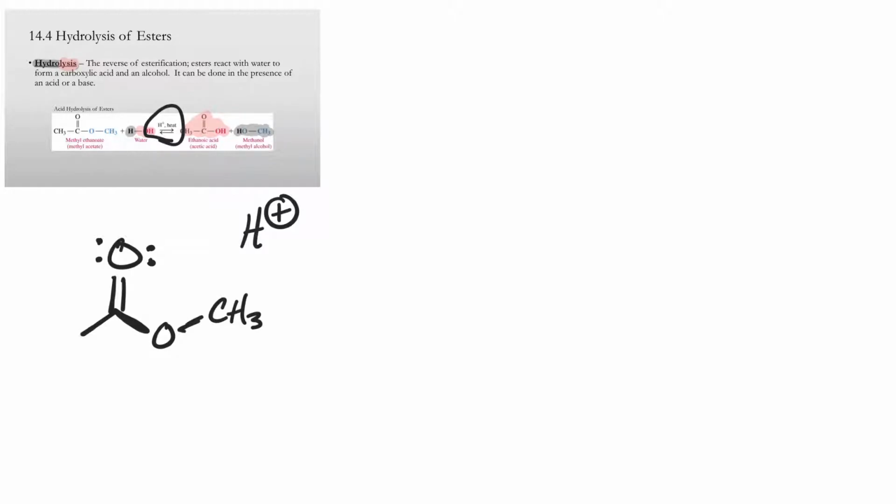There's lone pairs on the oxygen here. What's going to happen is the oxygen on the carbonyl, the one that's doubly bonded to the carbon, is going to attack that acidic proton. And so as a result, this is the first step. We get this intermediate.